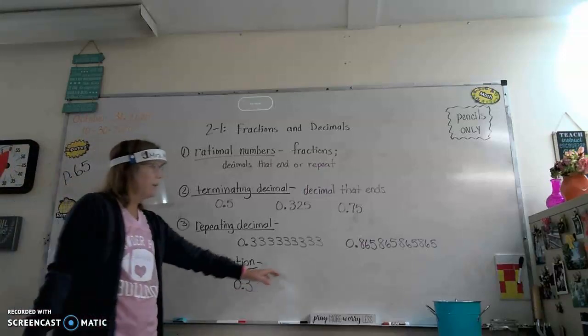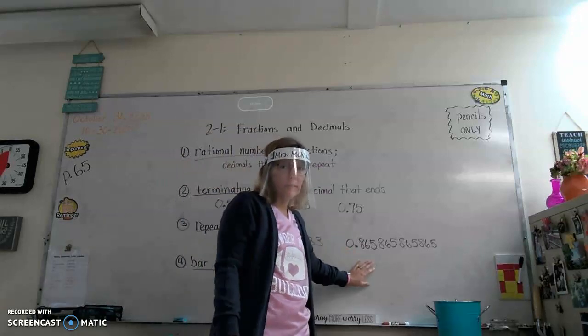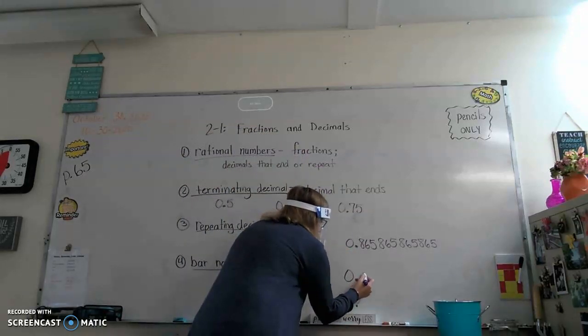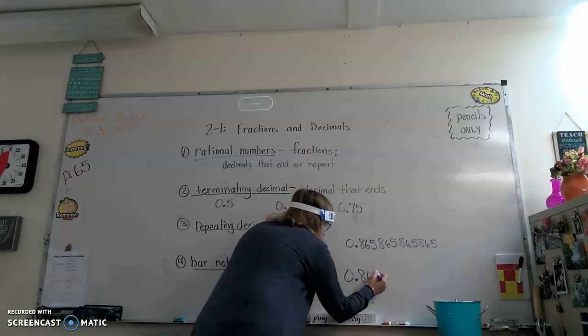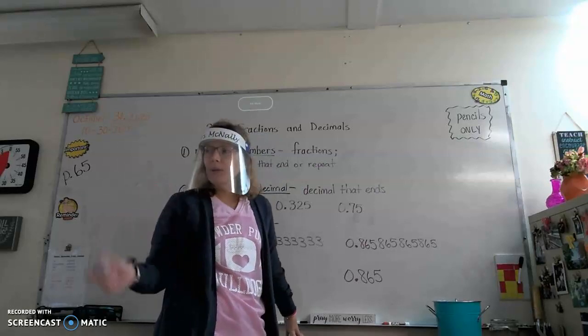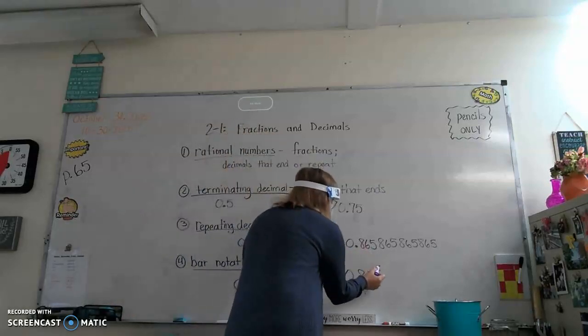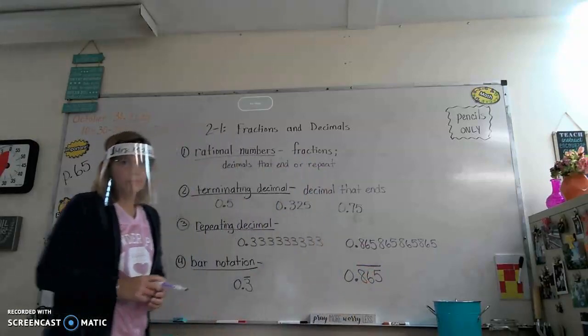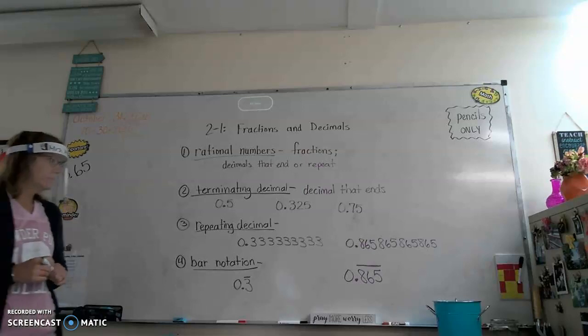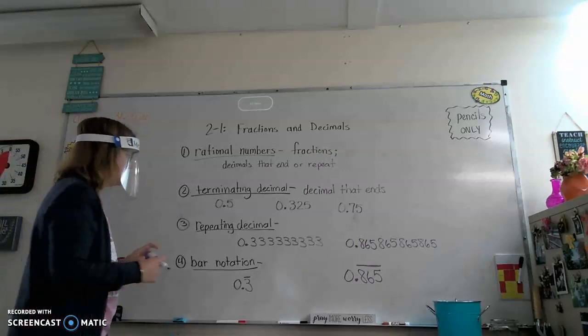So if I want to write this one with bar notation, I'm going to just write the part that keeps repeating, 865, but guess what? All 3 numbers are going to get a bar on top of them because those are the numbers that repeat. I'm going to do one more.